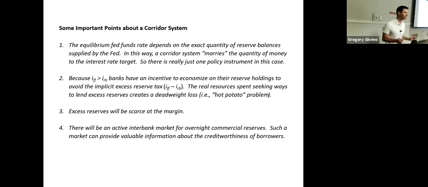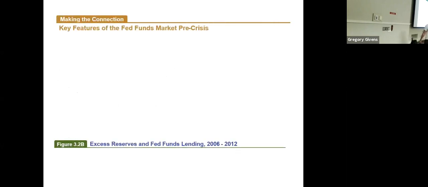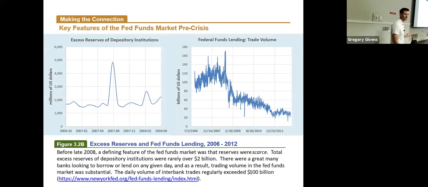Now, let me show you guys, before you leave today, some actual data that illustrates some of these important points about a corridor system, in particular, points number 3 and 4, okay? So these are key features then of the federal funds market prior to the financial crisis. The first graph here on the left are the total excess reserves of depository institutions in the economy. This is data, by the way, that you looked at on your lab last week, except you looked at it for July 2020.